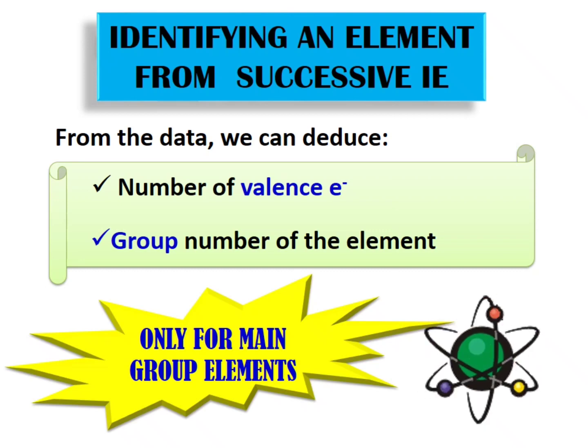So from the group, we can identify the valence electrons. So ingat, successive ionization energy cannot predict the period of the element. Period of the element tak boleh, kecuali kalau soalan beri. Untuk block boleh tahu, sebab kita tahu kalau group 1 and group 2 adalah block S, group 13 until 18 adalah block P.